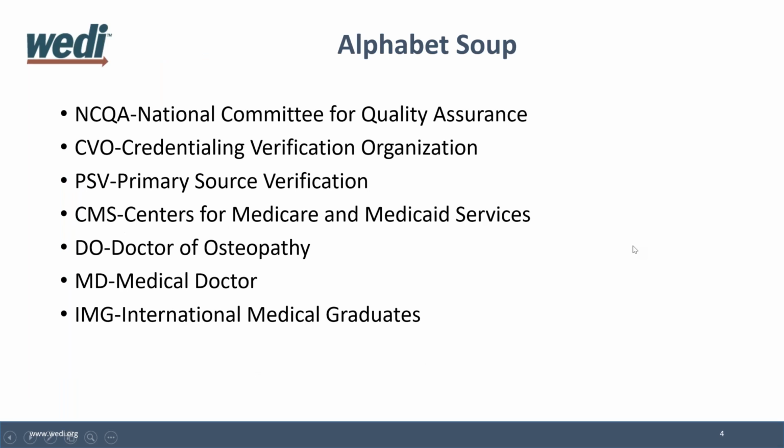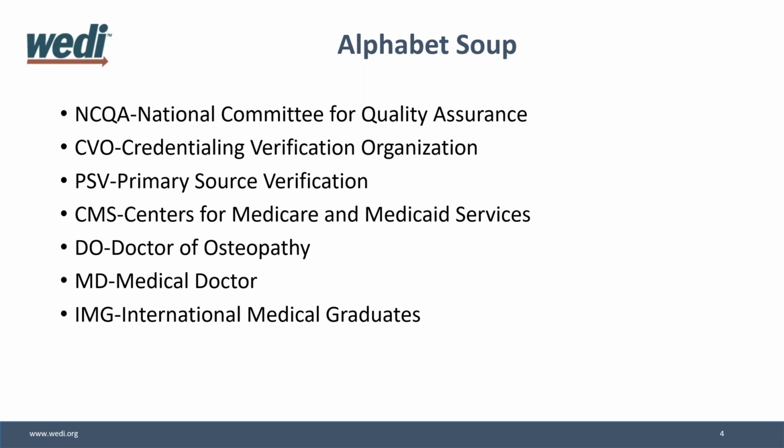A couple of items of housekeeping tips in addition to what we talked about. The alphabet soup that you may hear in the industry really focuses around these terms. NCQA, which is the National Committee for Quality Assurance, they're really focused on creating those standards, those guidelines, and actually taking performance measurements and moving that into a realistic audit process.